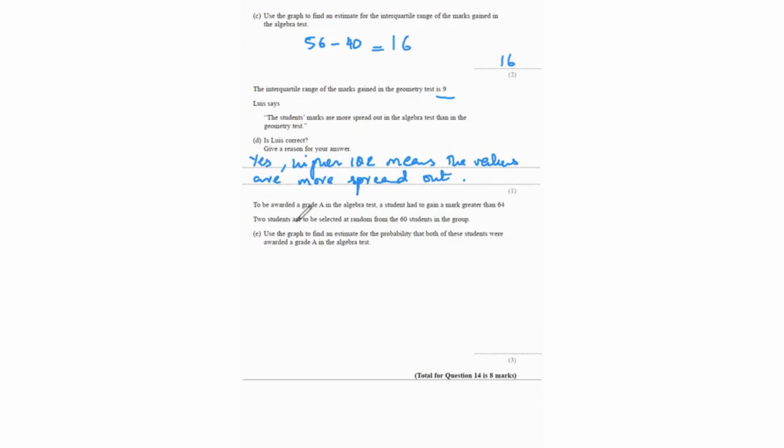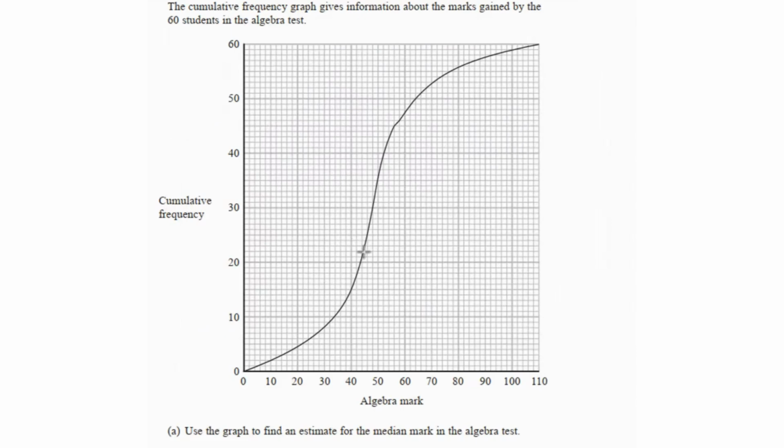Then to be awarded a grade A in the algebra test, a student has to gain a mark greater than 64. 2 students are to be selected at random from the 60 students of the group. Use the graph to find an estimate for the probability that both of these students were awarded a grade A in the algebra test. So to get an A, the student needs to get a mark that is greater than 64. So let's go back to the graph. So 64 is going to be from here.